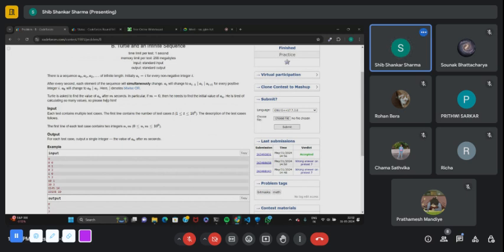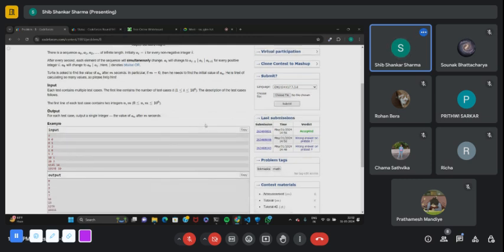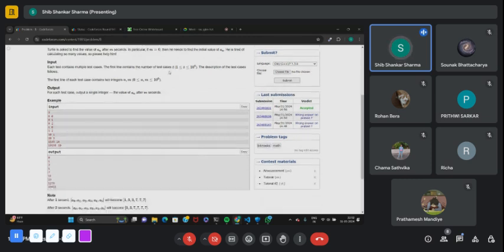After that we have to find the value of an after m seconds. In particular, if m equals 0, he needs to find the initial value an. So we have the number of test cases, and then two integers n and m, where both could be as much as 10 to the power 9.